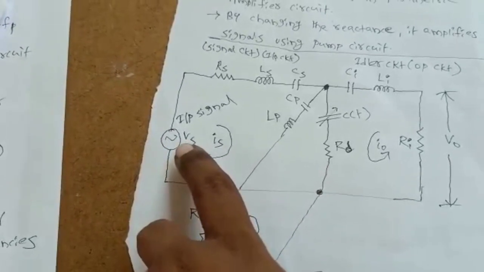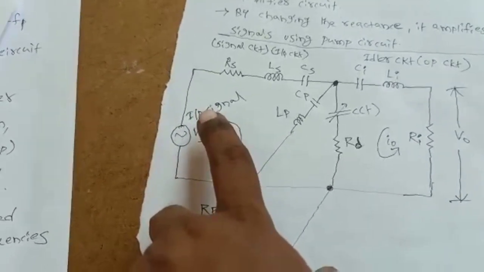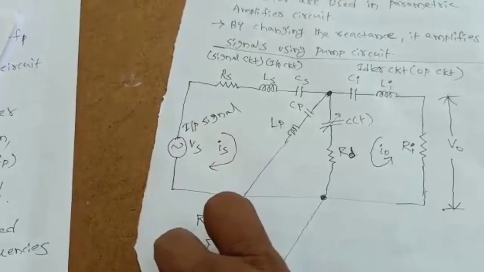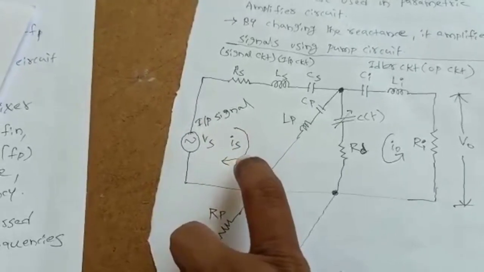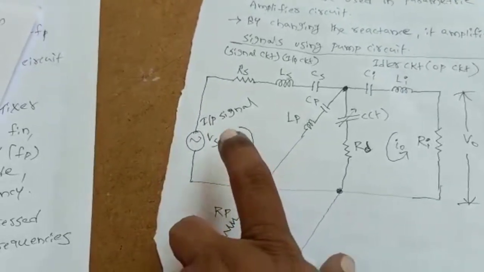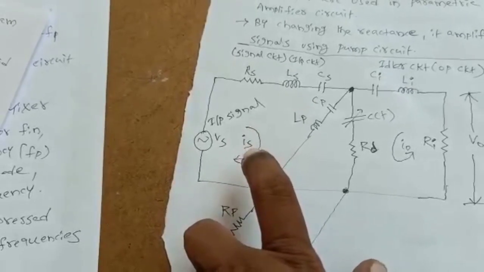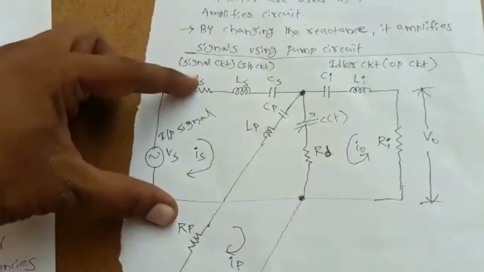This source delivers an input signal having some frequency, which is denoted by Fs. The input signal current is denoted by Is. So this entire thing is called the input circuit.